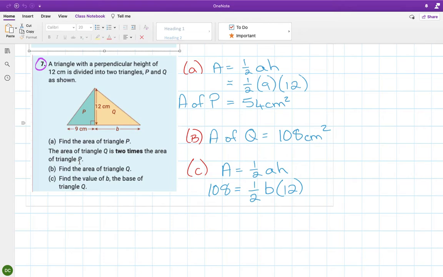I can do half multiplied by 12. So a half multiplied by 12 is 6b. And then we want to isolate the b, so we divide by 6 to cancel and divide by 6 to balance. So then we get that the base of that Q triangle is 18 centimeters.